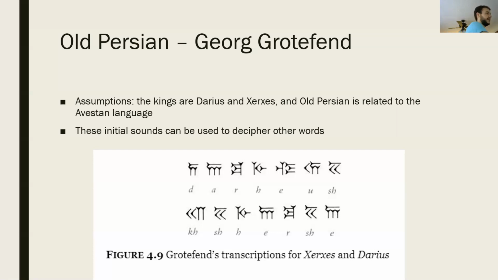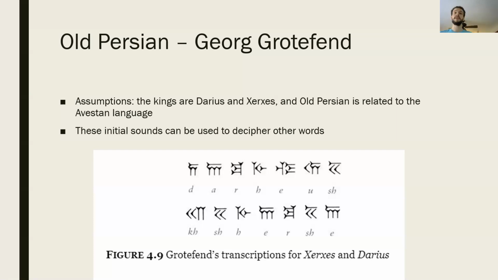And once we make that guess, we can see, for example, that the last sound of Darius is a sh sound, and we can see that same symbol occurs in the other set of symbols which occurs frequently in the same pattern that we would find for the name Xerxes, for example.